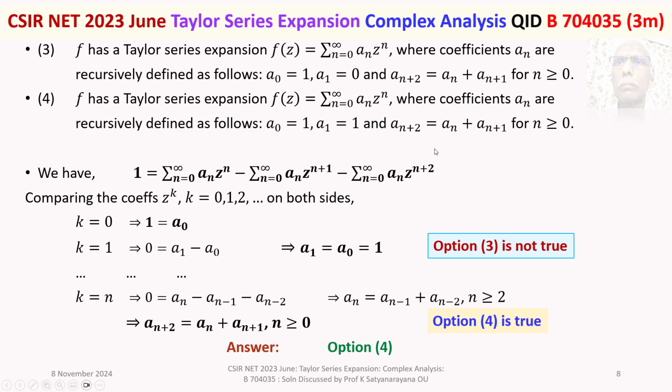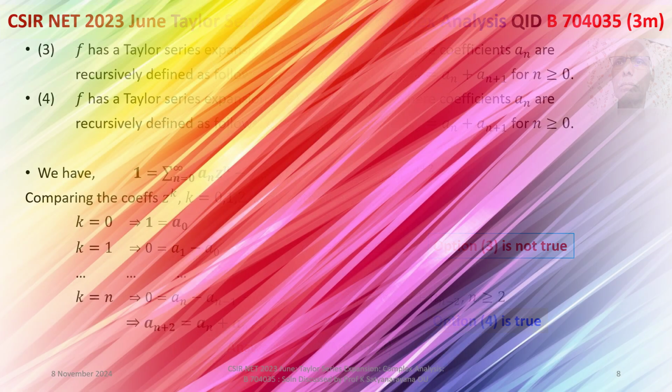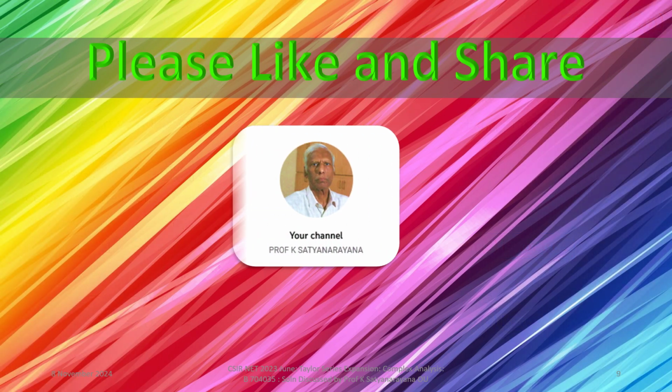So you can very easily tick option 4 without doing anything, if you know that 1 by 1 minus z square is the generating function which generates Fibonacci numbers. And the relations given in option 4 are precisely the definition of the Fibonacci sequence. So option 4, you can guess. So that is the detailed discussion of the solution of this given problem.